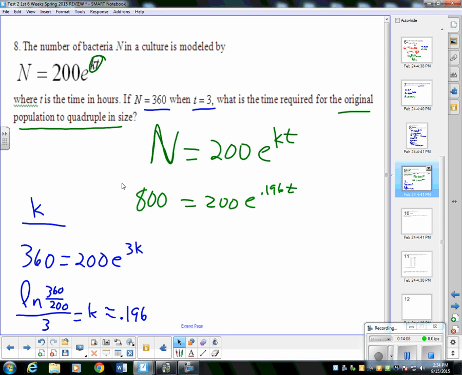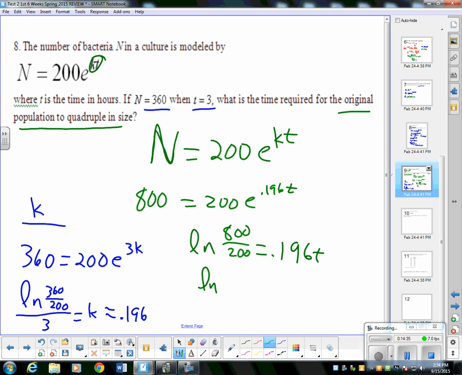So now it's just simply a matter of a logarithm. Again, if you don't understand how I get to the next few steps, watch problems from the previous video. It walks through that kind of stuff step by step. Now I'm not going to walk through it step by step as much. I know I need to take 800 and divide it by 200. That's going to be 4, but I'm going to write it out this time. The natural log of 4 is equal to 0.196t.